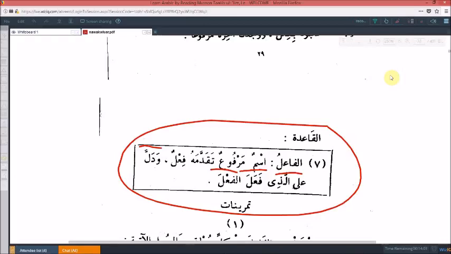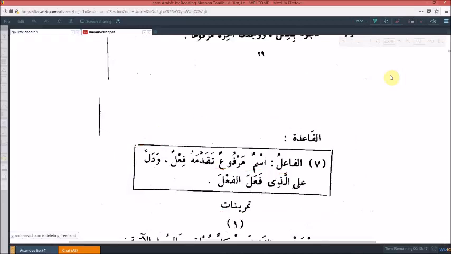Right? It's marfu'. The fa'il is always going to be marfu'. And it's always going to come after a verb. So for instance, if we say Muhammad ذهب إلى السوق.